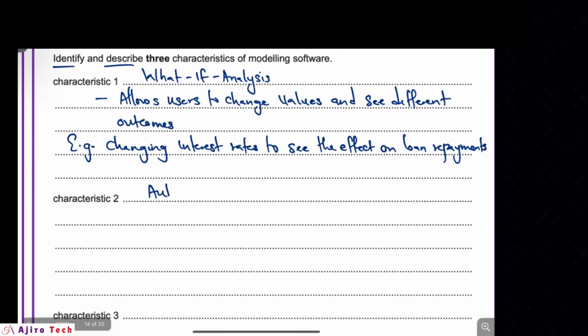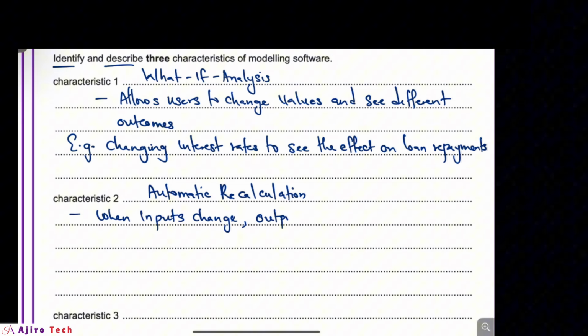We have automatic recalculation. It's all there in the slide. When input changes, output updates automatically.